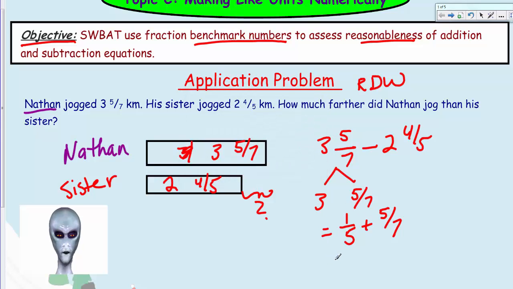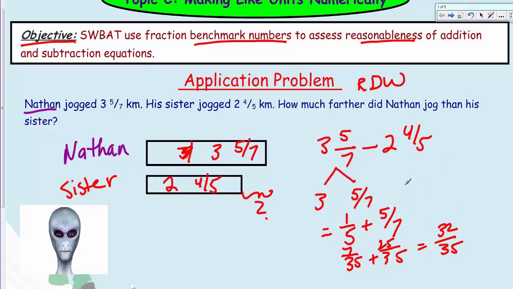So now we're just adding. We're getting our common denominator, which many of you may see is 35. Multiplying those, we get 7 up here, and then here we're going to have 25. Now we see we have 32 over 35, not quite 1 whole, almost.